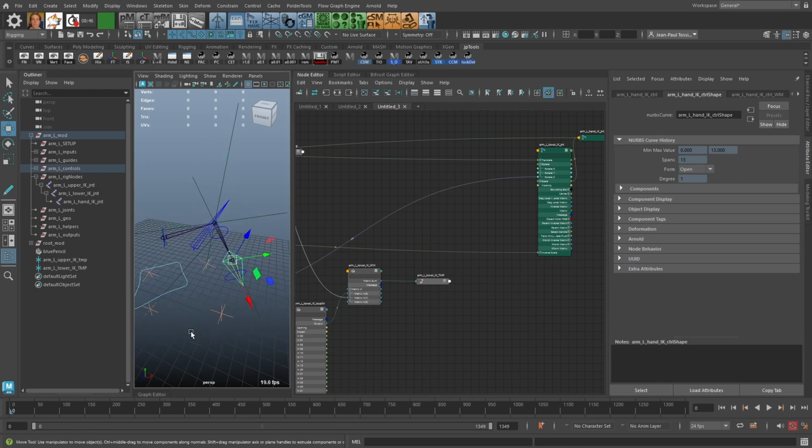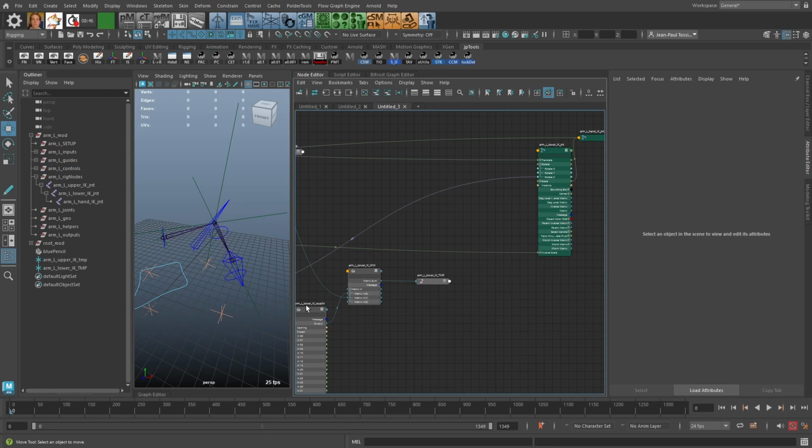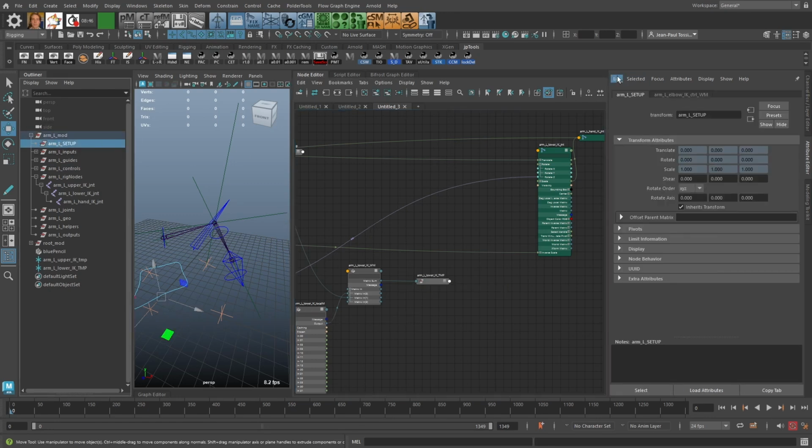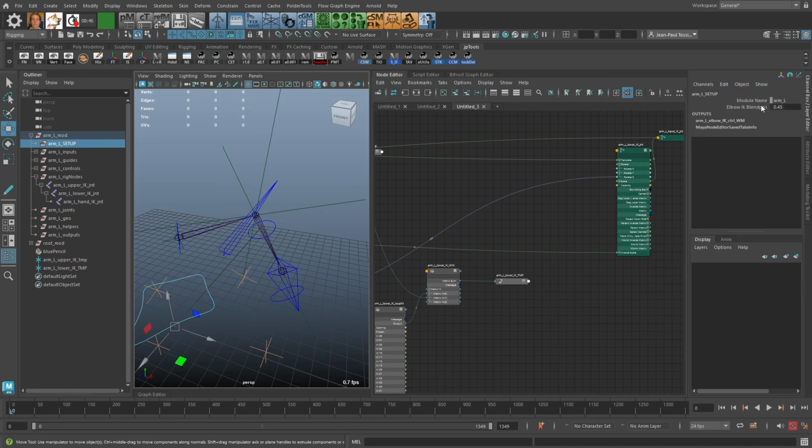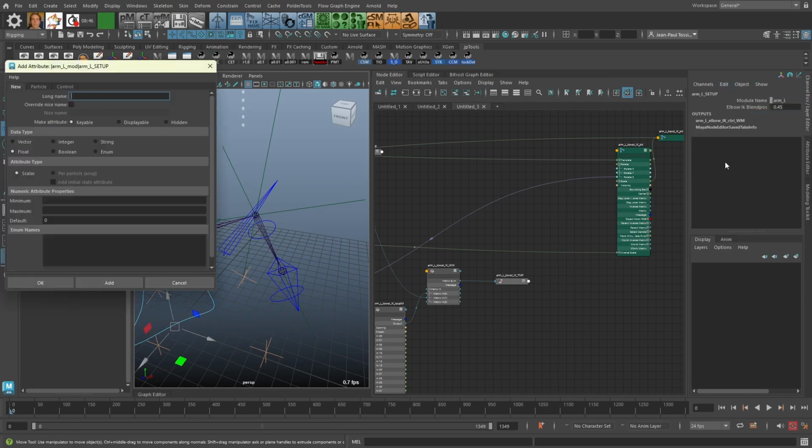So let's make that switch first and then create the hand local matrix of the IK. So on the arm setup, create another attribute, and let's say enable stretch, or IK stretch to be more precise, and we can make it a float, but is that useful?